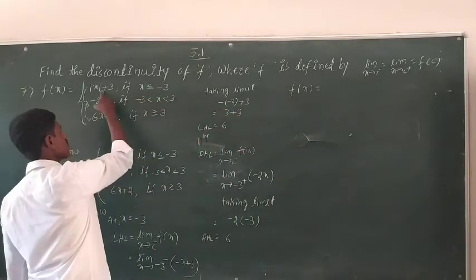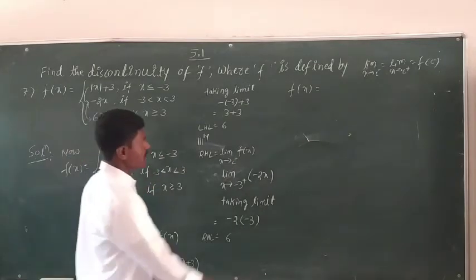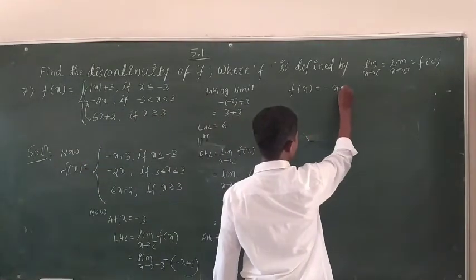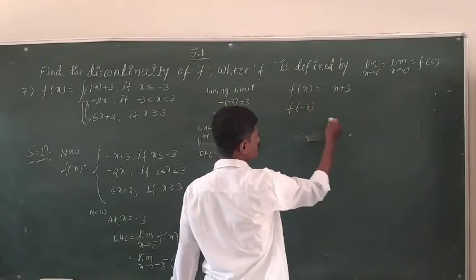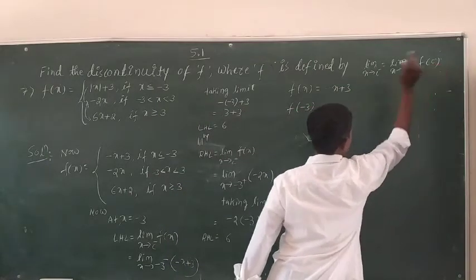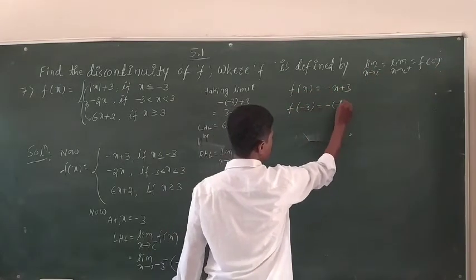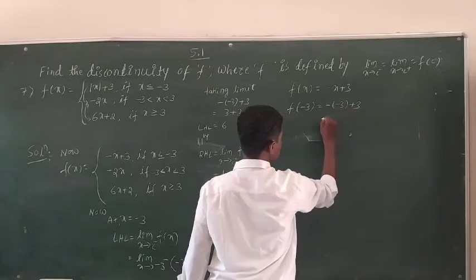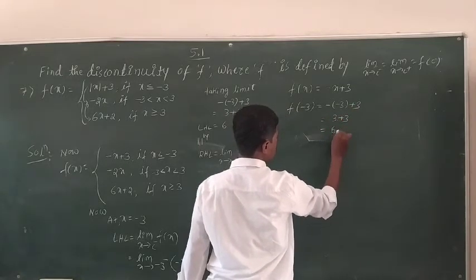The equals symbol exists here, so on that occasion the function is minus x plus 3. By putting in the value minus 3, we find f of c: minus of minus 3 plus 3, which is 3 plus 3, equals 6.